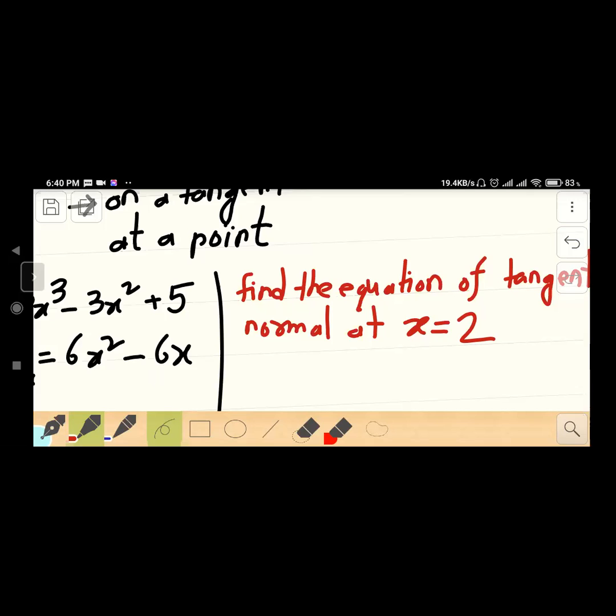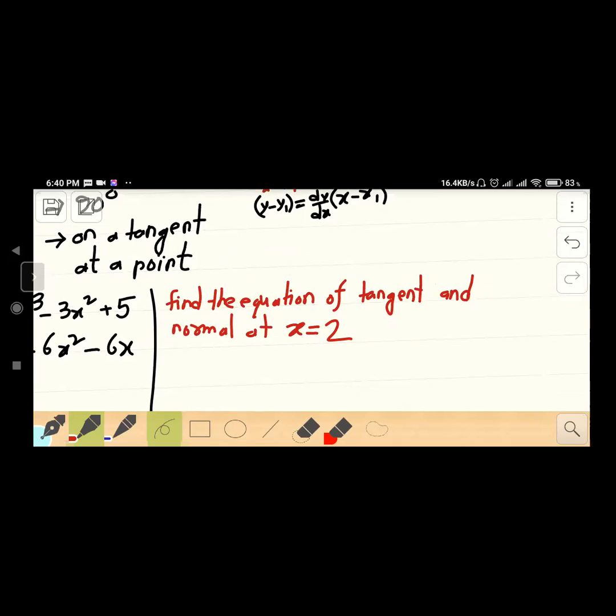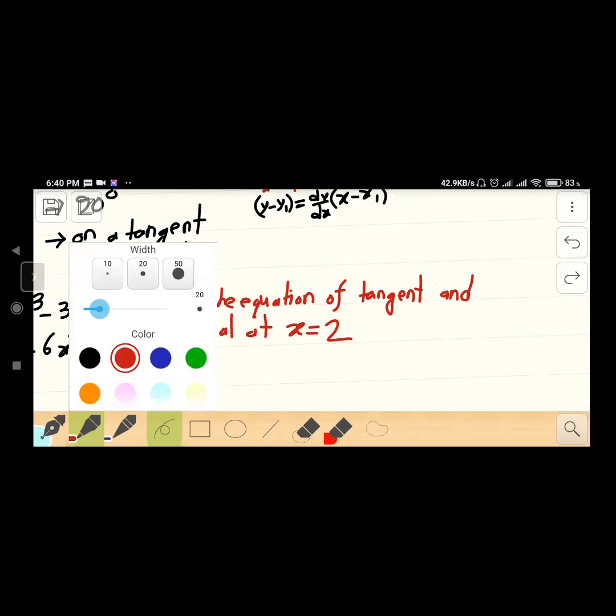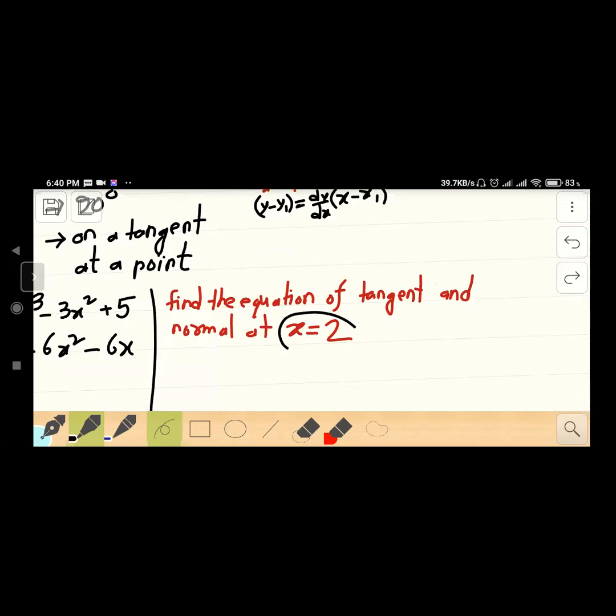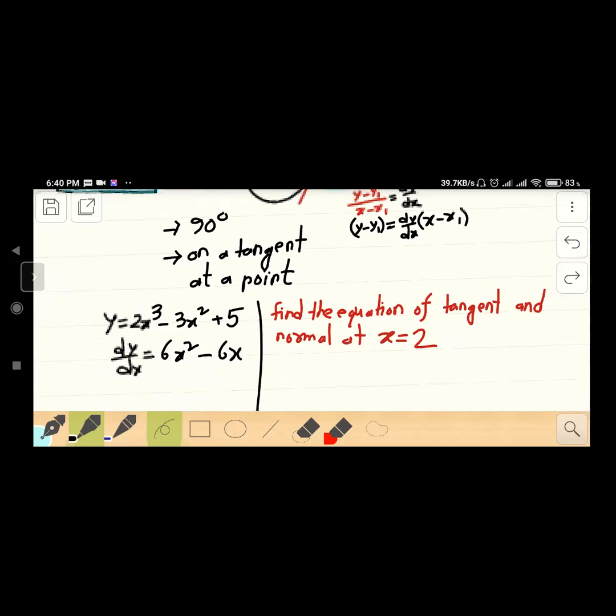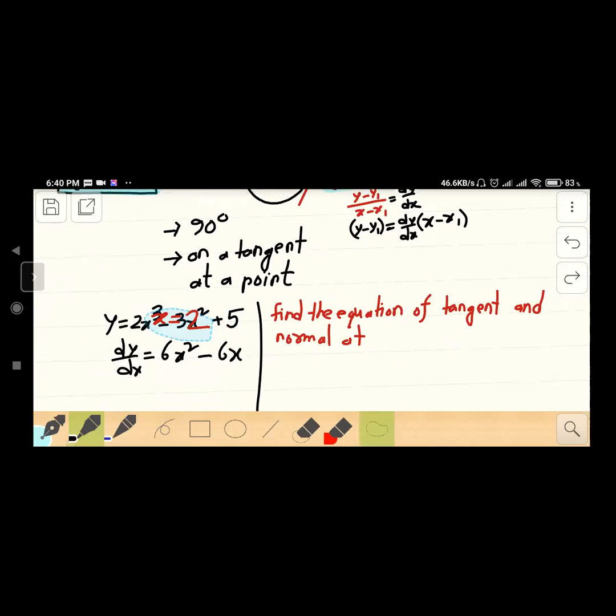You have to find the equation of tangent and normal at x equals 2. Okay, so x equal to 2, but you need the whole coordinate of the point, but you have only x. So put the value of x into this equation to find the value of y.